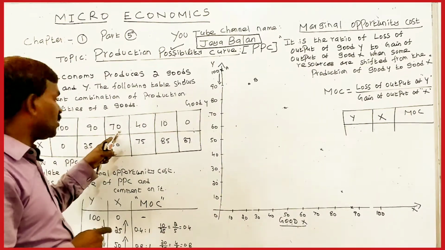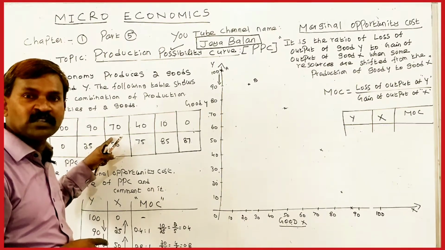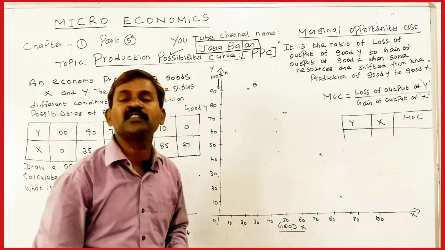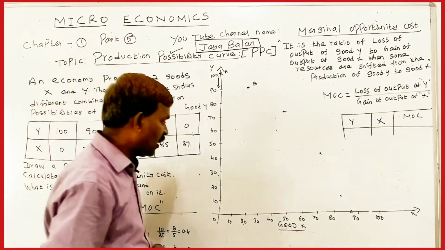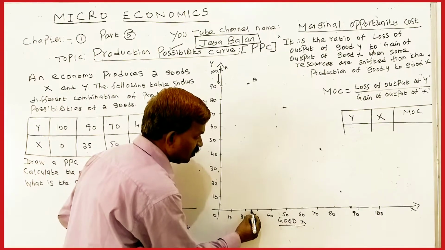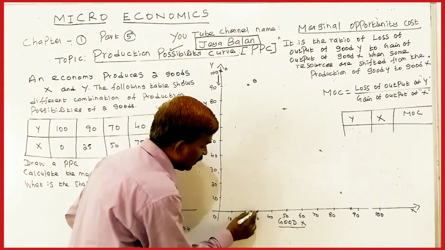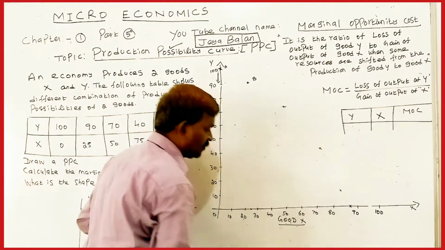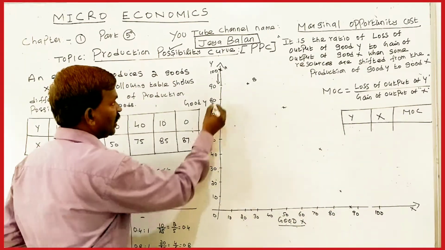Then combination number 3 in the table of your question: 70 units of good Y and 50 units of good X. Now, this is 25. The economy does not want to continue with this production. The economy wants to increase the production of good X further. So, what will happen?